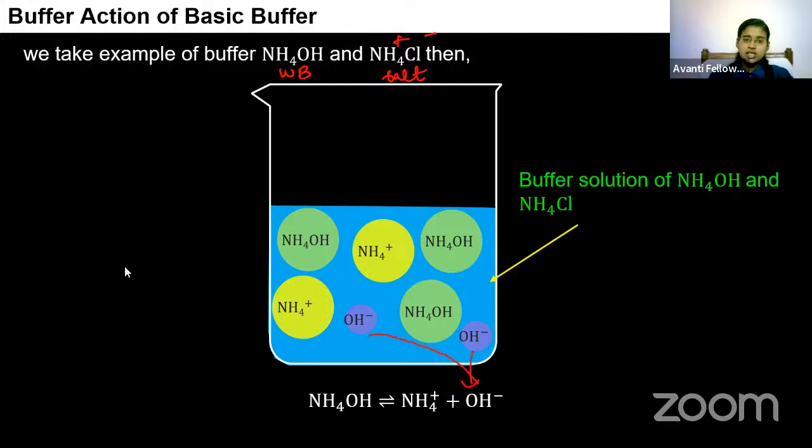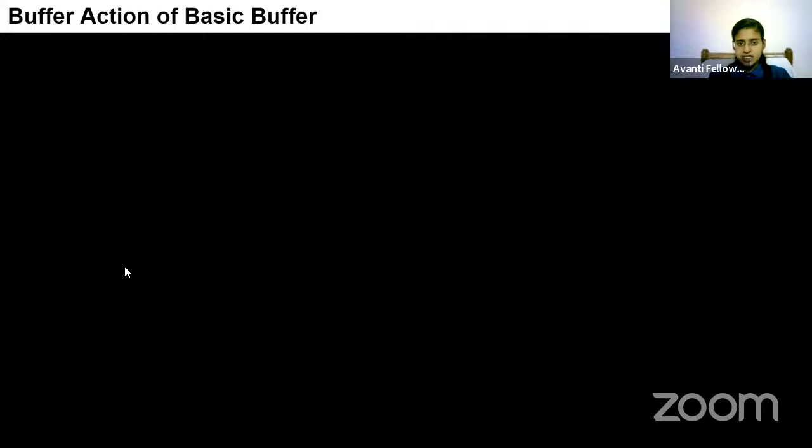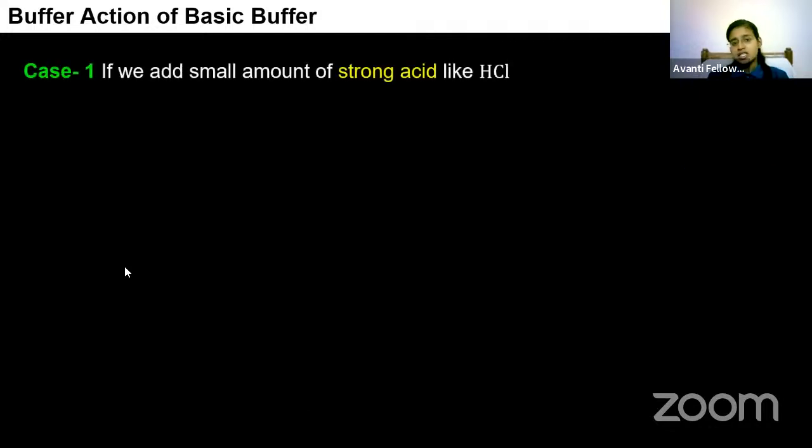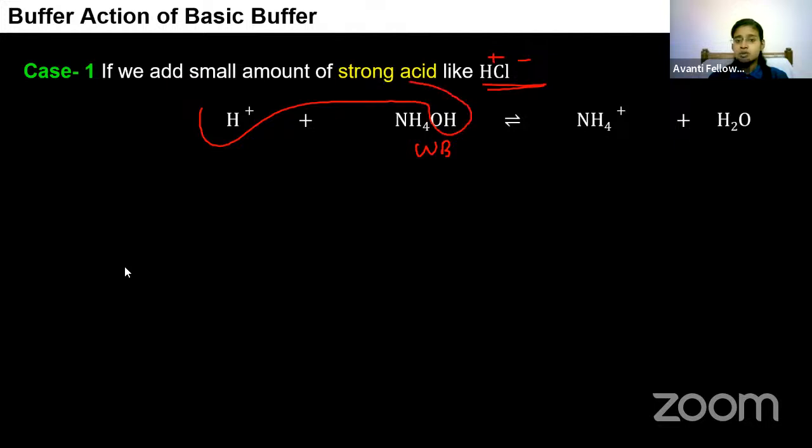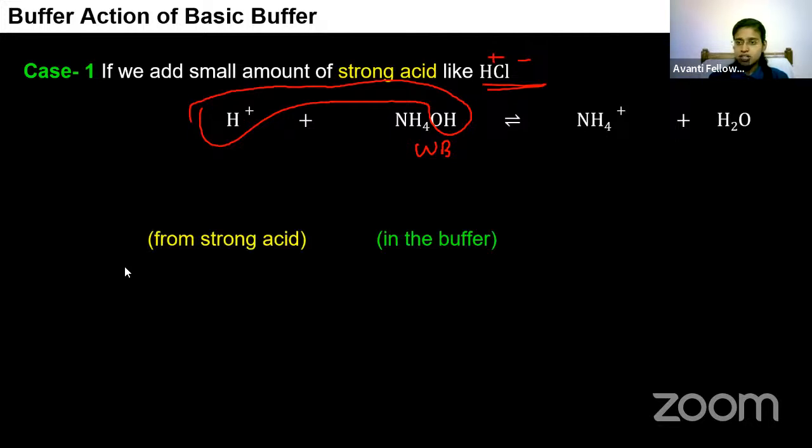Now, coming to the cases. If I add a small amount of strong acid like HCl to this, already we have the weak base and the H plus is coming from the strong acid which I have added. So they will react with each other and they will produce water and the ammonium ion. So the H plus is coming from the acid and the weak base NH4OH is already present inside the buffer.